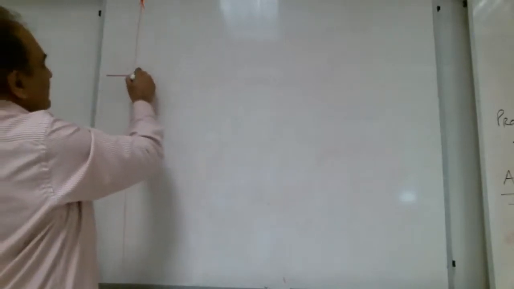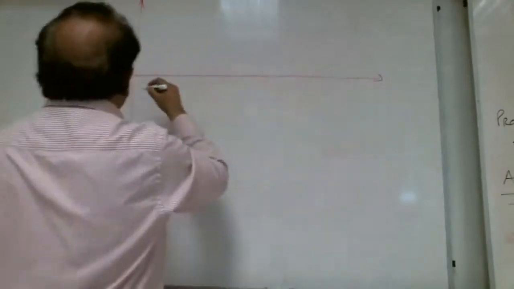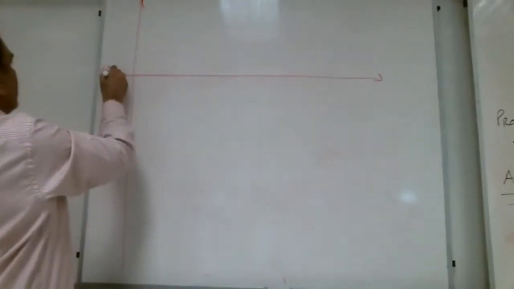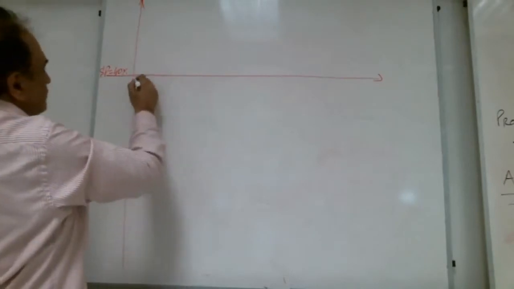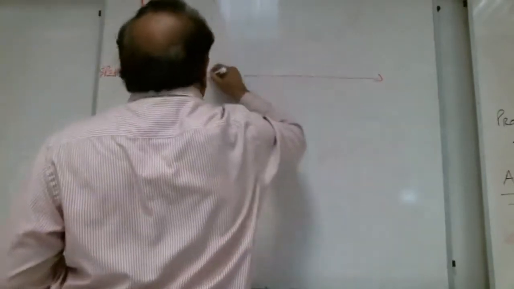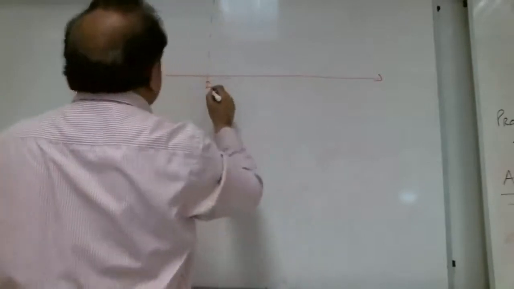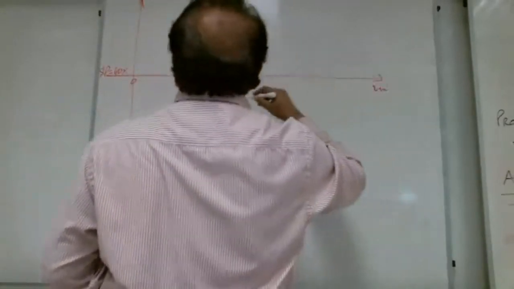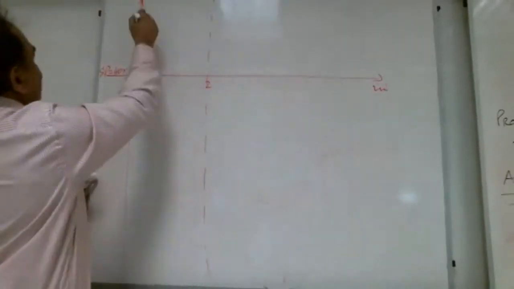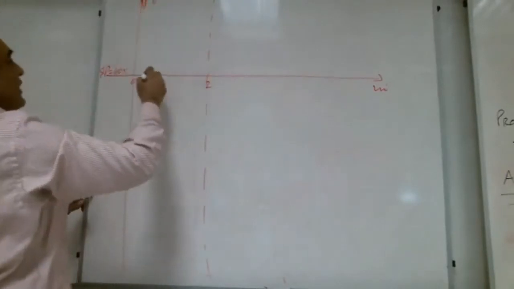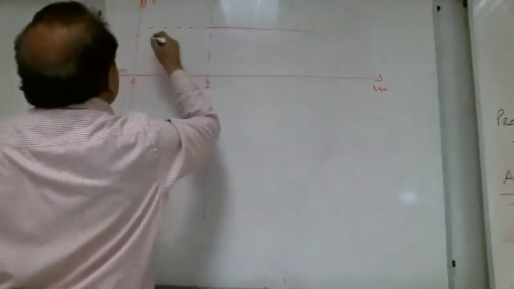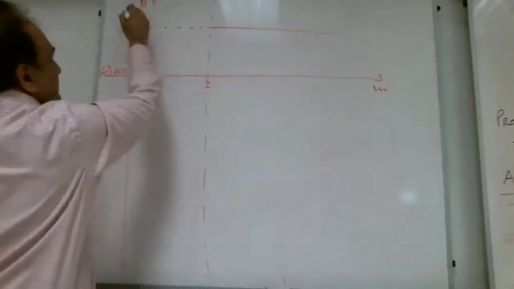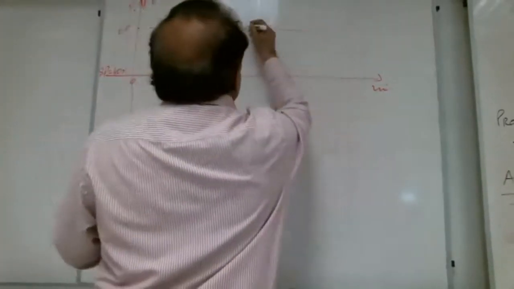Okay, Shabab, this is given. The set point is 40%. This is the graph for PV. At 2 minutes, all of a sudden the PV becomes 60%. Right, Shabab?